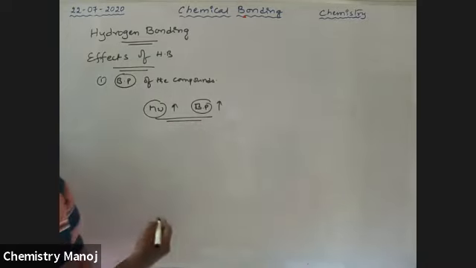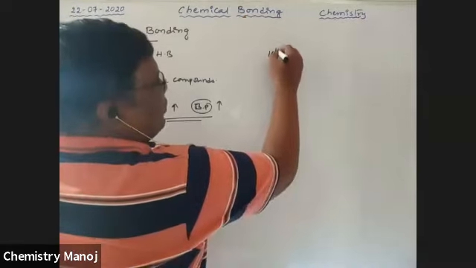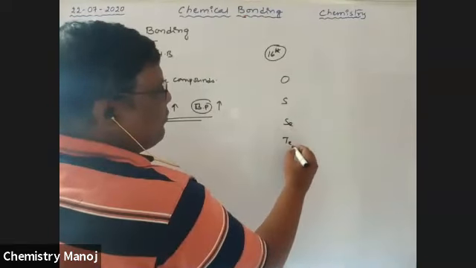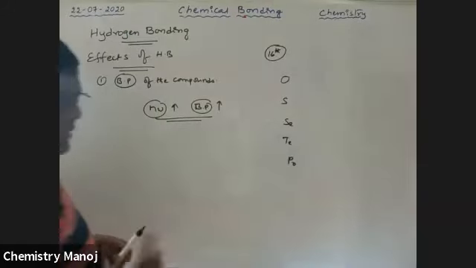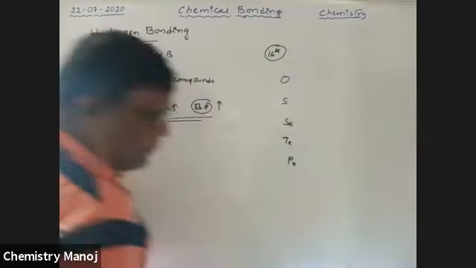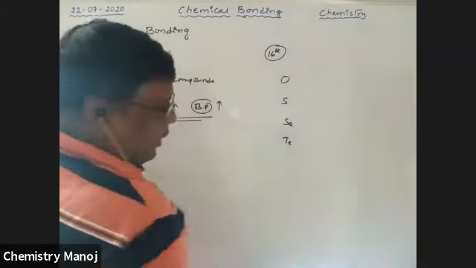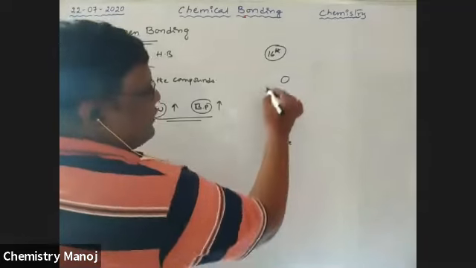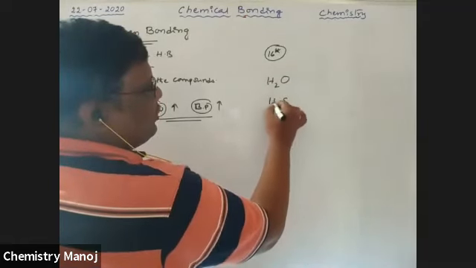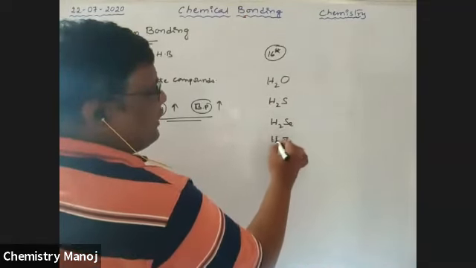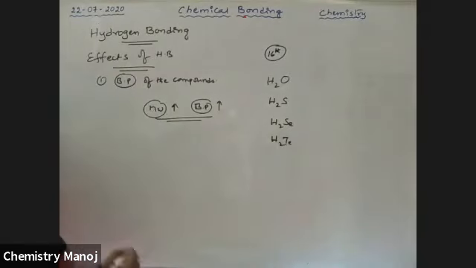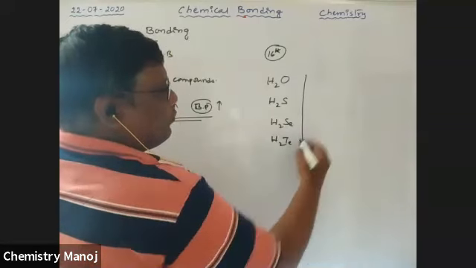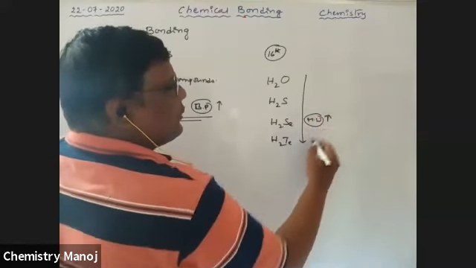See here, I am taking one group, the 16th group. The 16th group elements are oxygen, sulfur, selenium, tellurium, polonium. I am taking up to tellurium. Now I am taking the hydrides of these: H2O, H2S, H2Se, H2Te. From top to bottom, molecular weight increases.